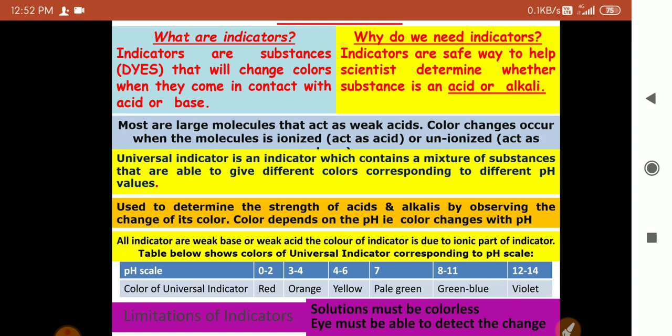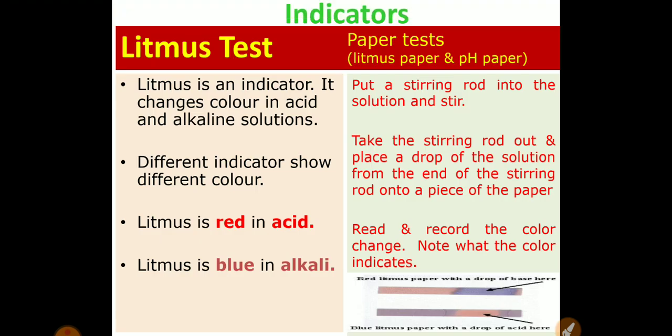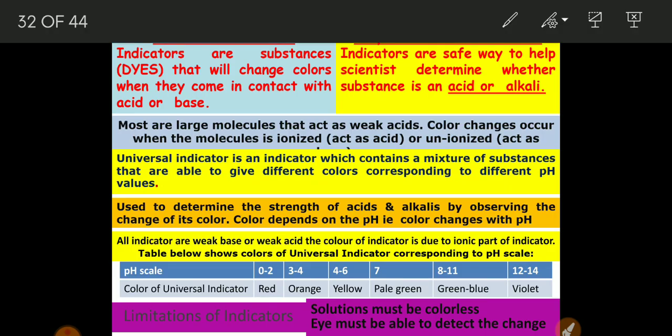Okay, let us go to the next indicator, that is litmus. Litmus is available in paper form. Litmus as an indicator changes color in acidic and alkaline solution. Different indicators show different colors.